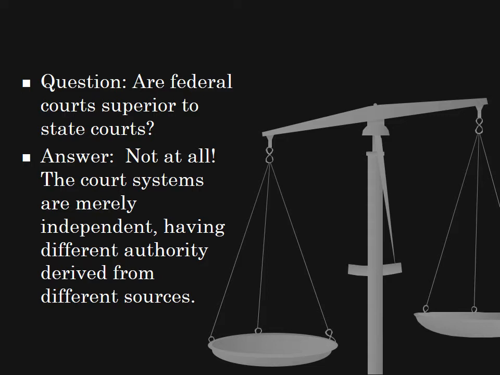Now, does that mean that the federal courts are superior to the state courts? No, they are operating independently, having different authority that they have derived from different sources. There are only certain situations where the courts might overlap, the state and the federal system, and we'll talk about that as we move forward.